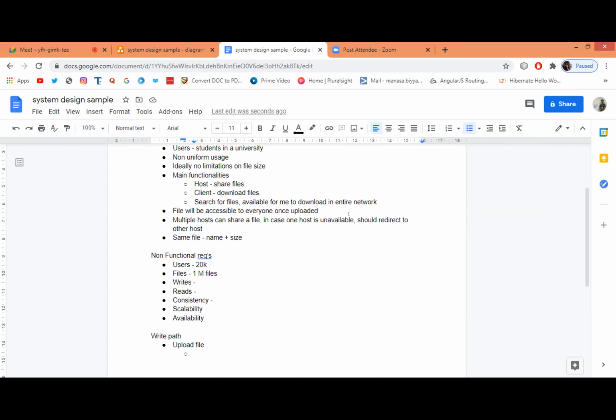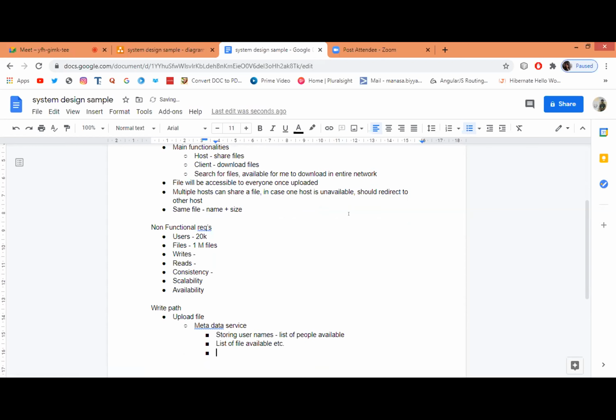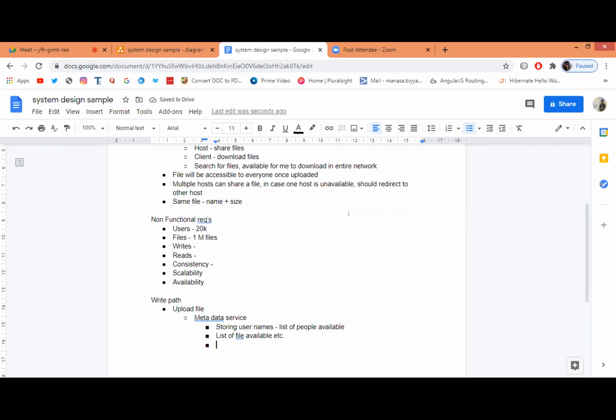So I need one service or one component which keeps the metadata of the various things we have in our system, like usernames, list of people available, list of files available, etc. This component will be required to store this data.